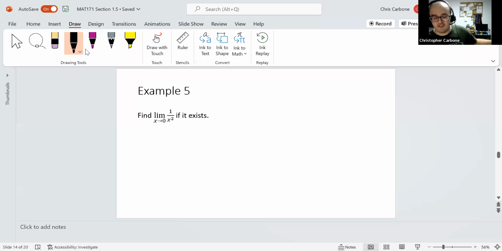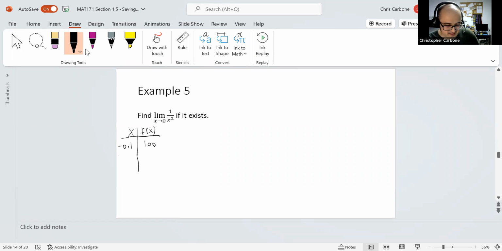So then example 5, let's find the limit as x approaches 0 of 1 over x squared, if it exists. With this, again, it's going to tell you the answer if I put it in immediately. Let's throw in a couple of values. Negative 0.1 gives us a value of 100.